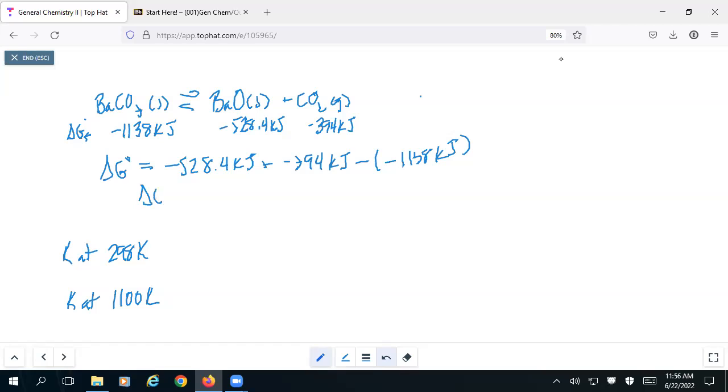And if we do that, we would get a standard delta G value of negative 528.4 plus negative 394 minus negative 1138, positive 215.6, which if we round to the ones place would give us a positive 216 kilojoules.